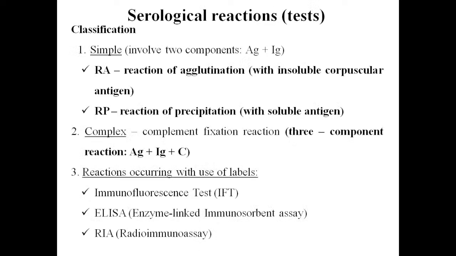Serological reactions may be classified into some groups. The first one is simple tests that involve just two components, antigens and antibodies or immunoglobulins. They include agglutination test or reaction of agglutination with insoluble corpuscular antigens.